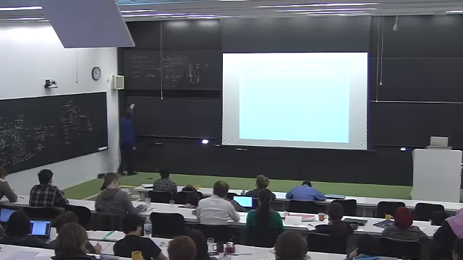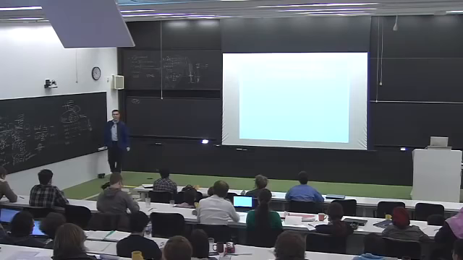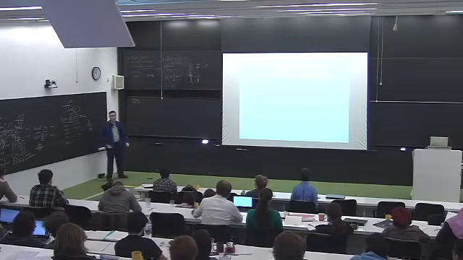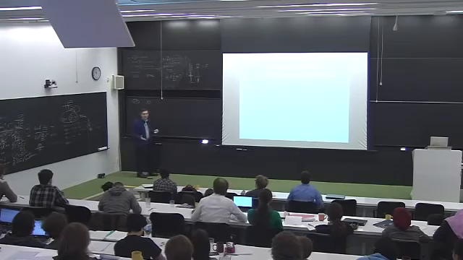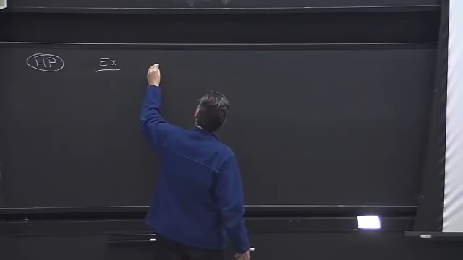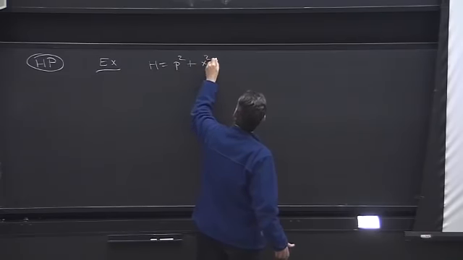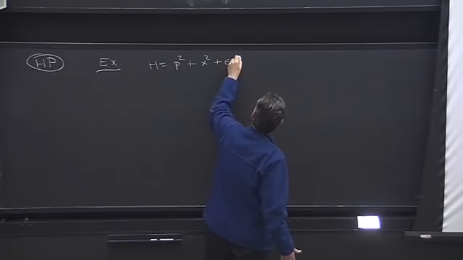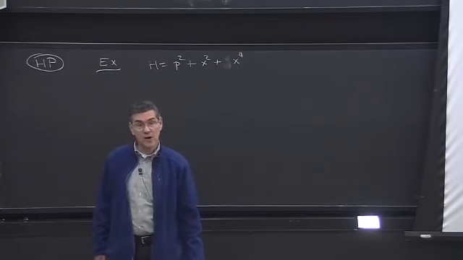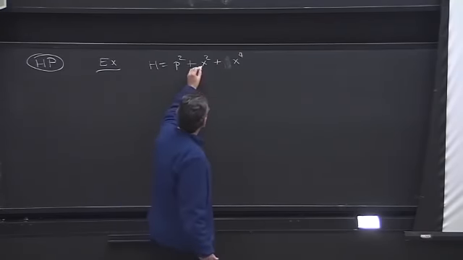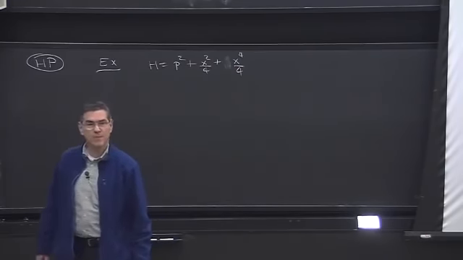You encounter a very hard problem in physics. An example of a hard problem is the anharmonic oscillator. So the Hamiltonian H is equal to p squared plus x squared plus epsilon x to the fourth, or plus x to the fourth. This is the anharmonic oscillator.